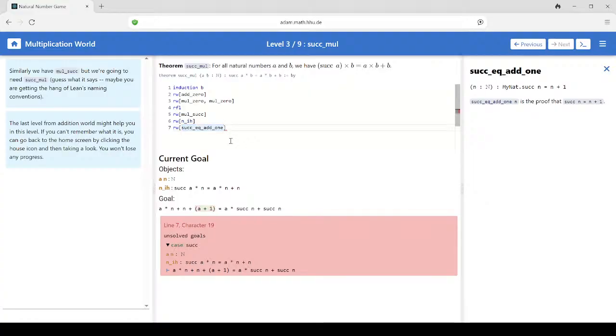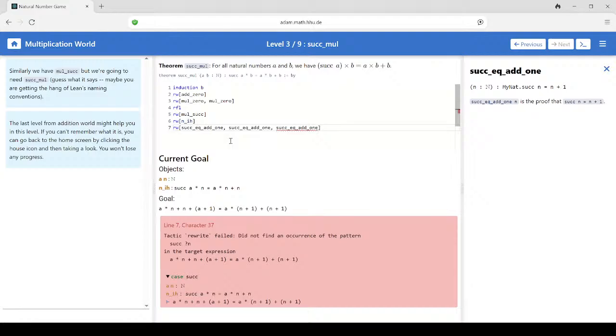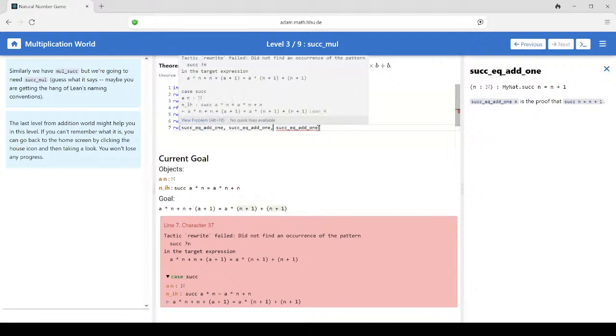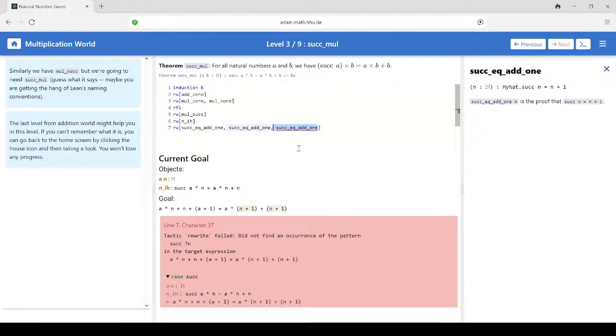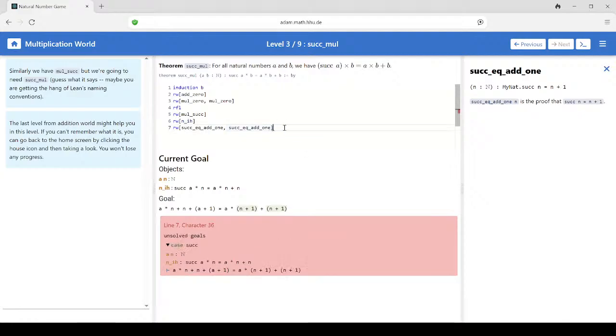Can I do this? There it goes. Oh, I only have to do it 1 more time. Okay, so that's something.